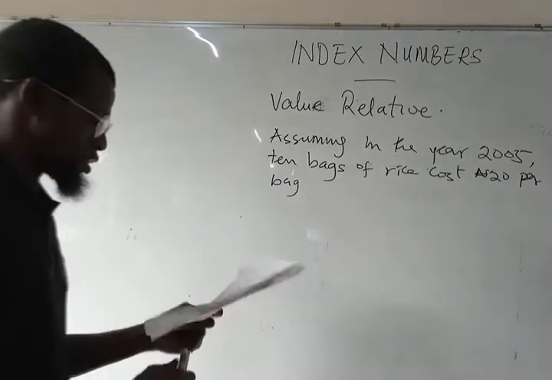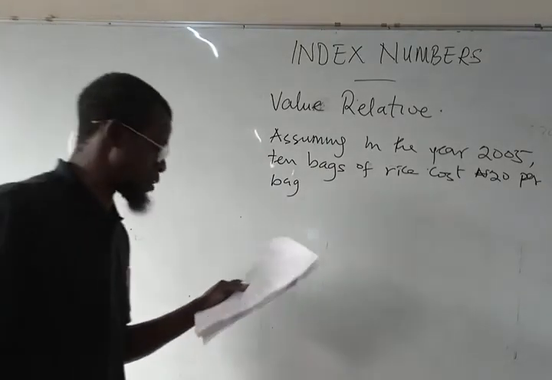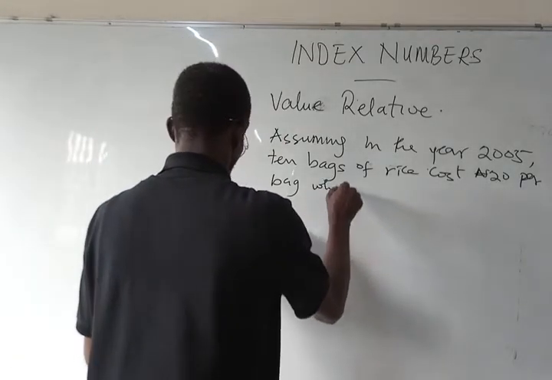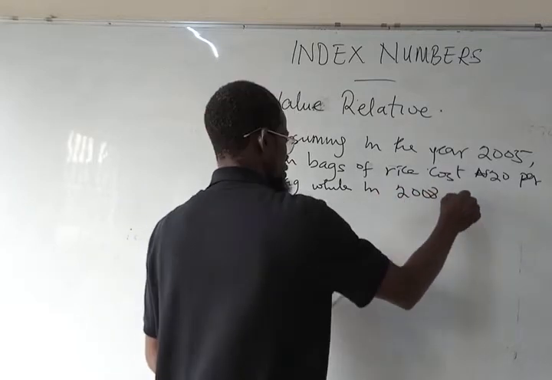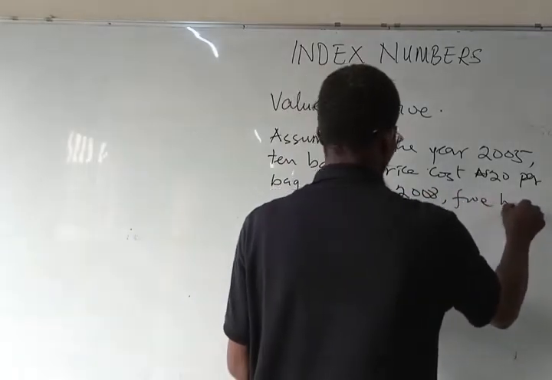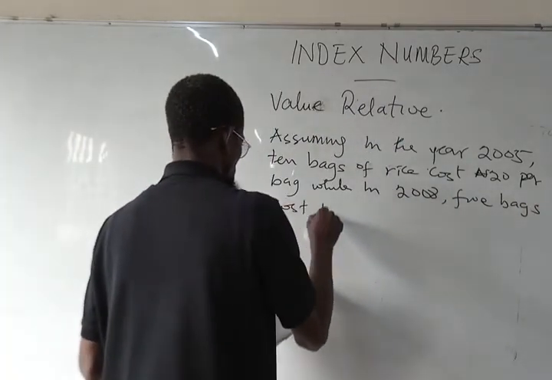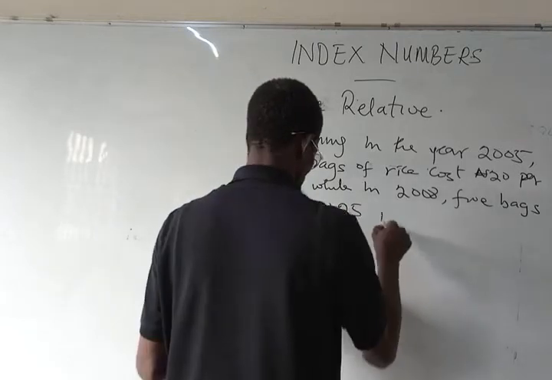So now the bag of rice costs 20 naira per bag, while in the year 2008, 5 bags cost 25 naira per bag.